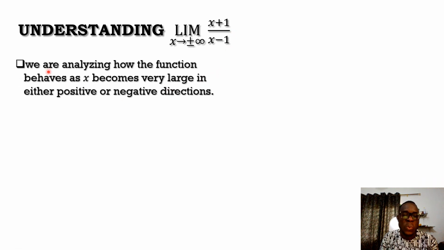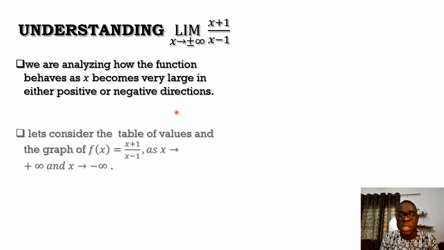Now, let's understand limit to infinity by using this particular concept. We are to find the limit as x approaches positive infinity or negative infinity of this particular function, which is x plus 1 divided by x minus 1. We are analyzing how the function behaves as x becomes very large in either positive or negative direction.